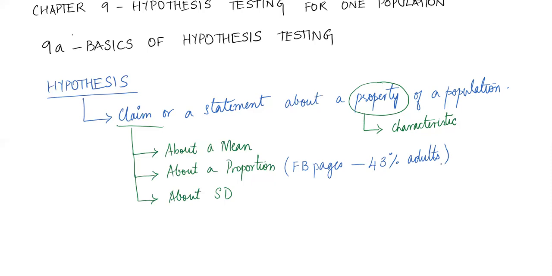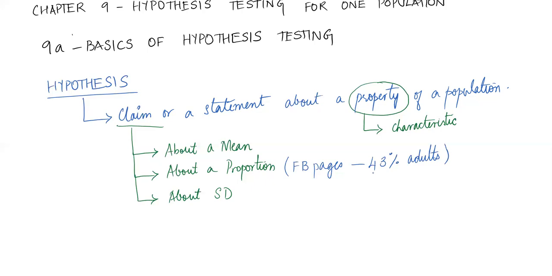And this claim is to do with the proportion, because we're telling what percentage of the population behaved in a certain way or had a certain characteristic. So the percentage here is the big pointer to the fact that we're talking about proportion. Proportion is a very commonly used one in media because it's more a survey type, it's more qualitative, and it helps us to understand opinions of people.